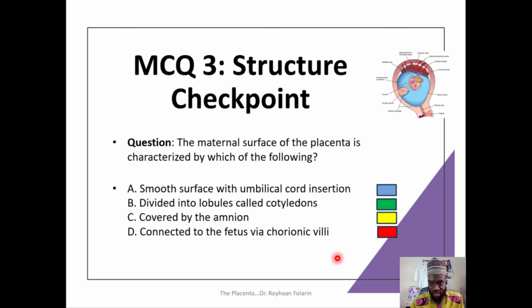What is your answer? Count 1, 2, 3. You can flash your cards. Which card did you flash, by the way? So I congratulate you if you flashed the green card because that's the right answer. So you find the maternal surface being irregular, like I showed earlier, and divided into cotyledons, while the fetal surface is usually smooth and covered by the amnion.